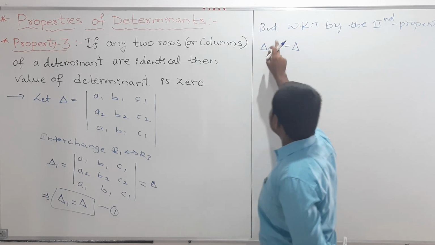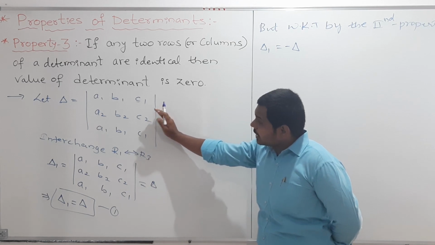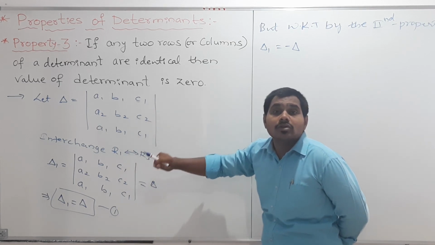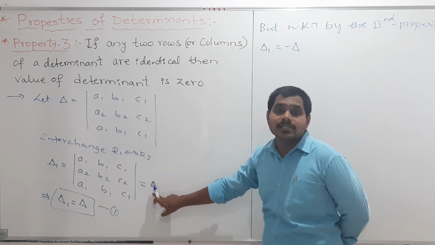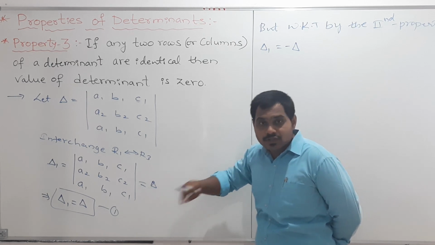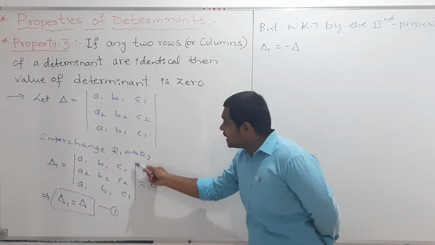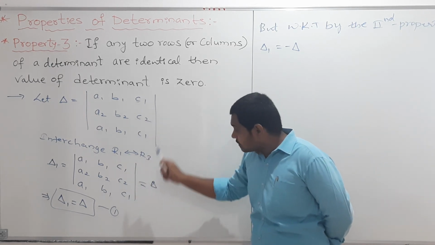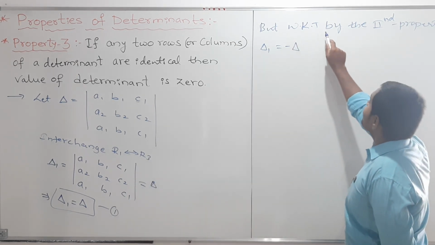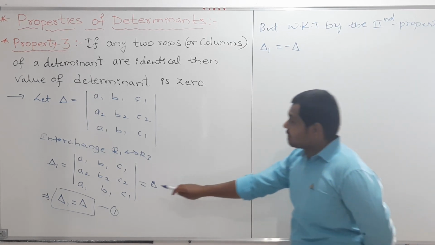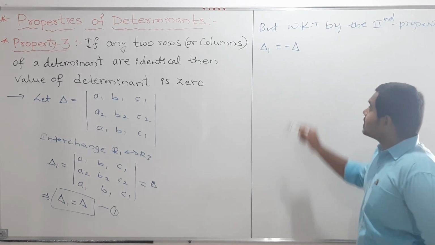Why is it so? From the second property, what we discussed: in any determinant, if you interchange any two rows or any two columns, then the sign of the determinant changes. That I discussed in the previous video. That is our second property. So delta 1 must be equal to minus delta, according to our second property. Call this 2.